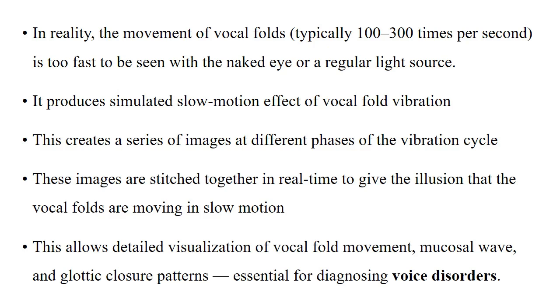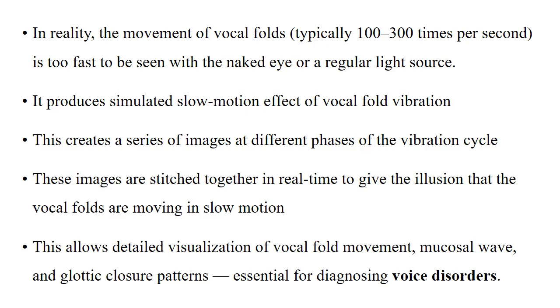So stroboscopy, or strobe light, produces a simulated slow motion effect of vocal fold vibration and creates a series of images at different phases of the vibration cycle. These images, when stitched together in real time, give the illusion that the vocal folds are moving in slow motion. This allows detailed visualization of the vocal fold movement, the mucosal wave, and the glottic closure pattern, which is essential for diagnosing voice disorders.